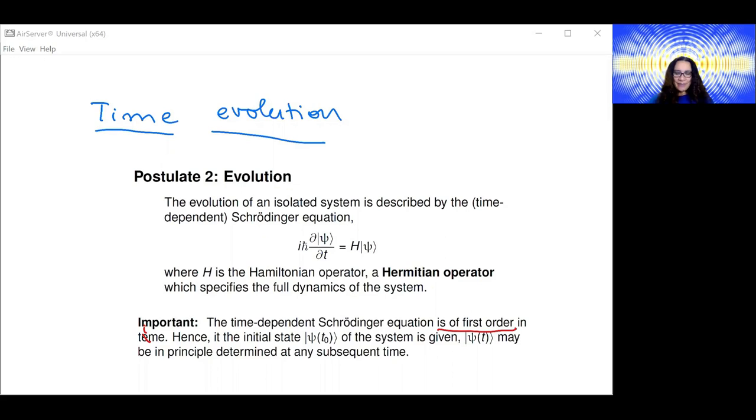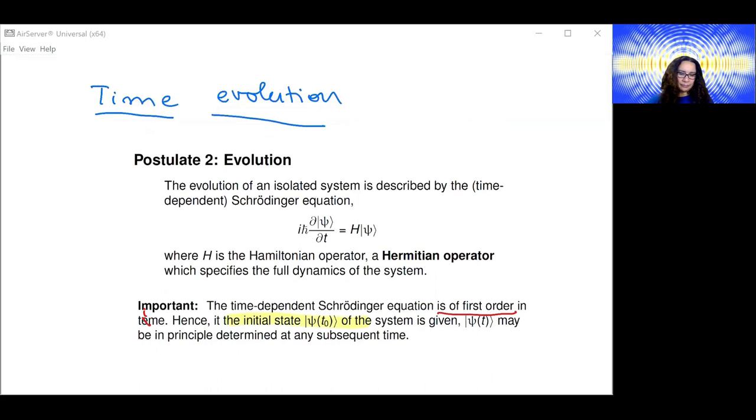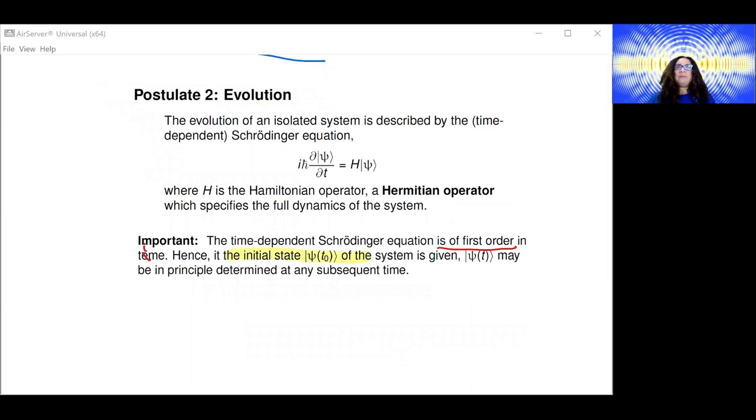This means that if you know the initial state of the system, then psi t may in principle be determined at any subsequent time. Mathematically, that's what we have if you have a differential equation of the first order. So this is actually good news for us, because that's what we're going to use.